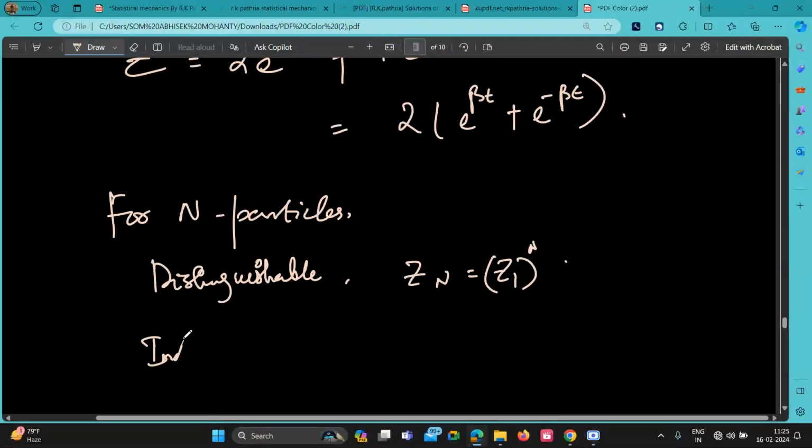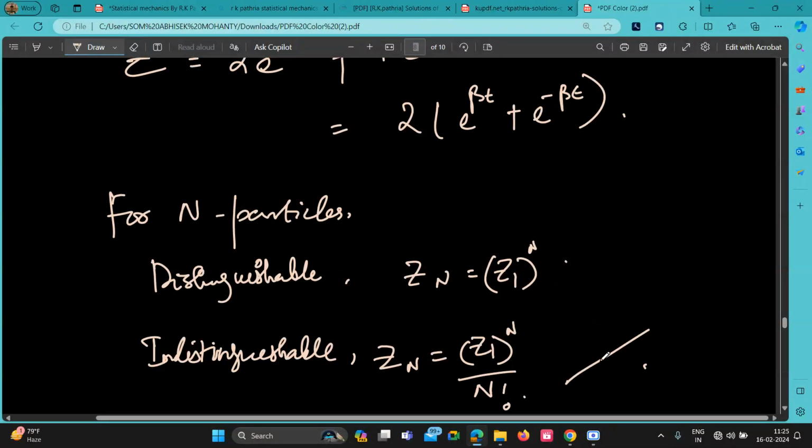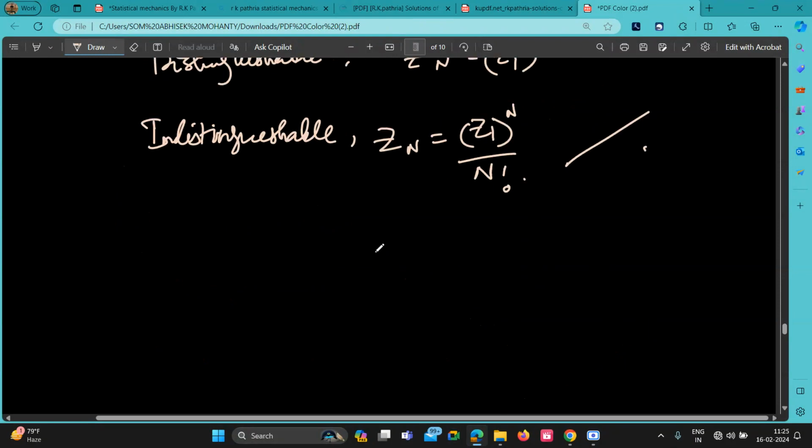If it is indistinguishable, Zn will be Z1 to the power n divided by n factorial. Okay. So this was your approach for fermions and bosons and how to arrange them.